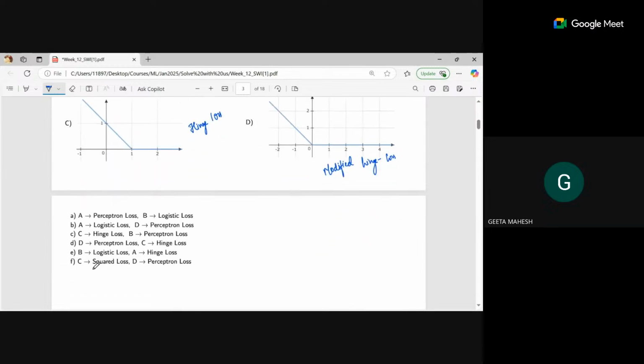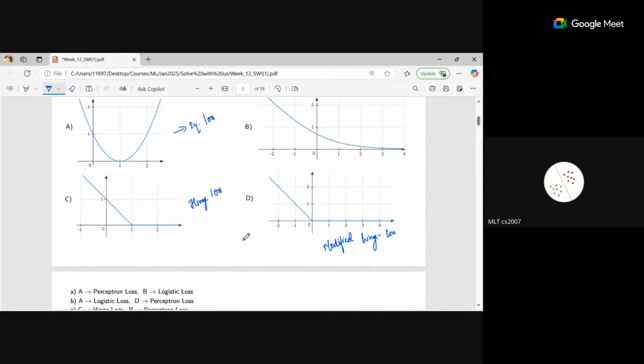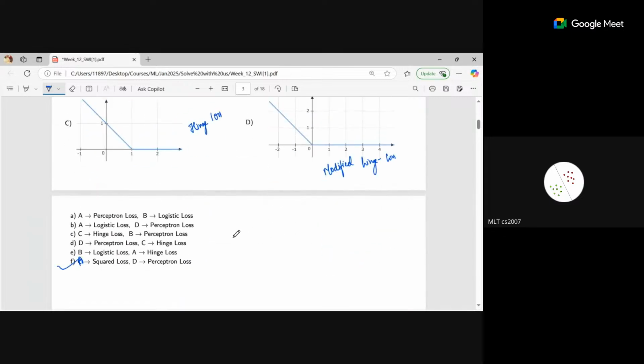Maybe this is negative. Yeah, so this is correct. And what we saw is B is logistic loss and C is hinge loss. So B is logistic loss, so option D is correct. Yes, option D is correct.